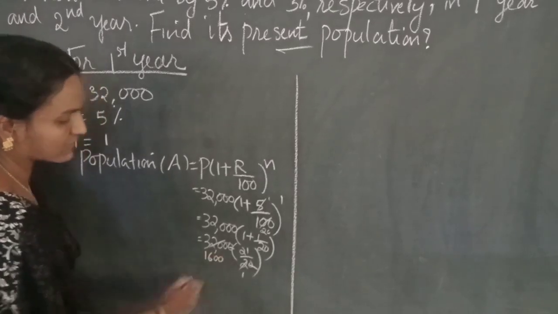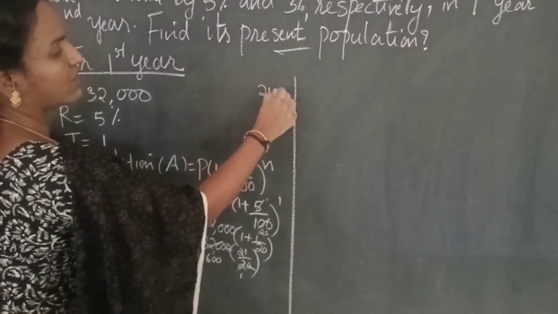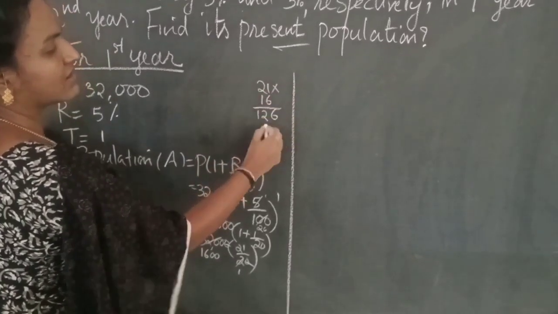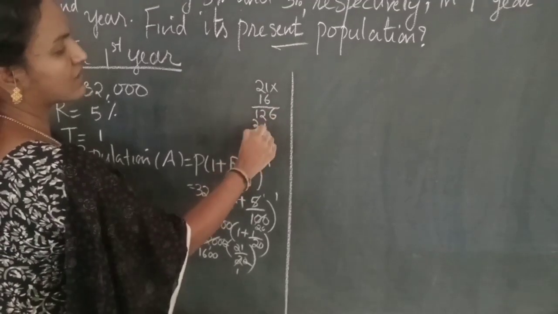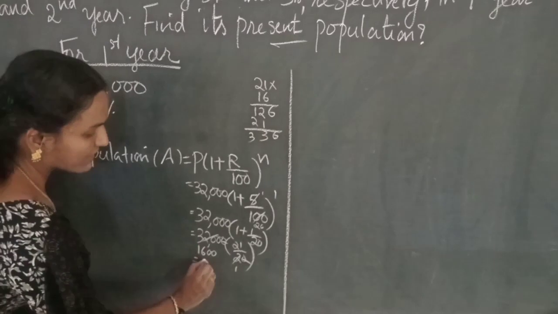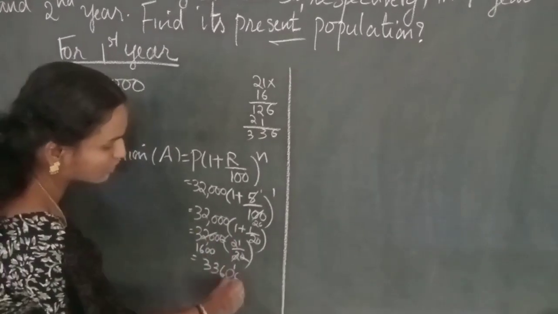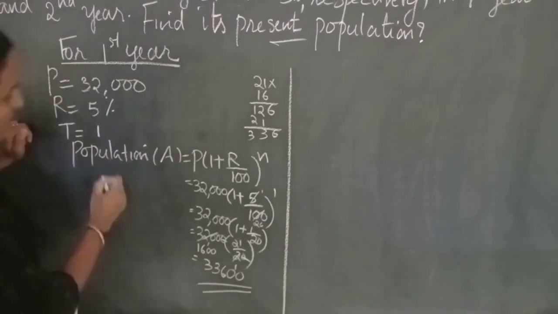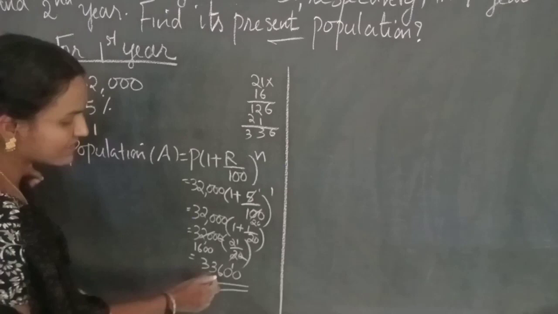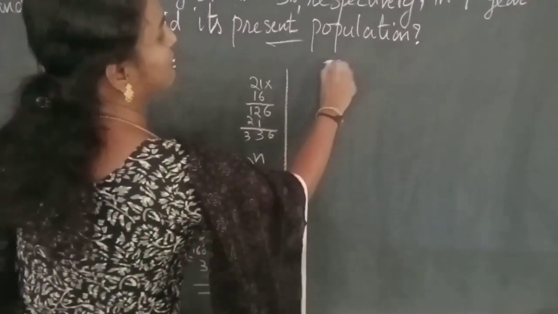Then 0 0. So 16,000 into 21. So 21 into 16. 1 6 is 6. 6 2s are 12. 1 1 is 1 and 1 2 is 2. 6 3 3. So 336 put 2 0. So the population in first year is 33,600.